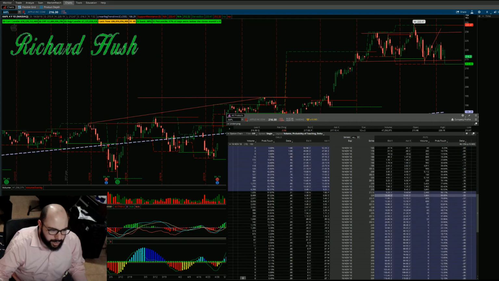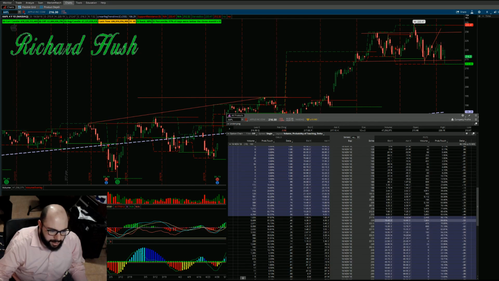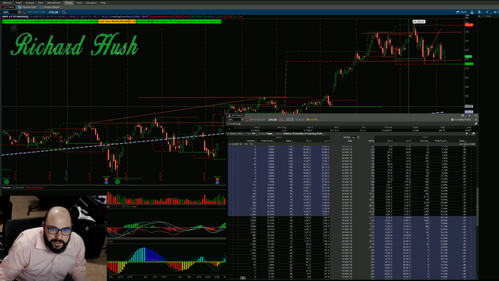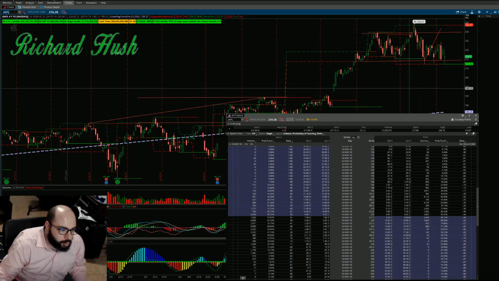So now that we got that out of the way and we understand that, we have to make our decision on what contracts we want to purchase. Now, the concept is that if you think the move is going to happen, and you think we're going to go down to, say, even 180, that means a 190 contract will eventually be worth $10.